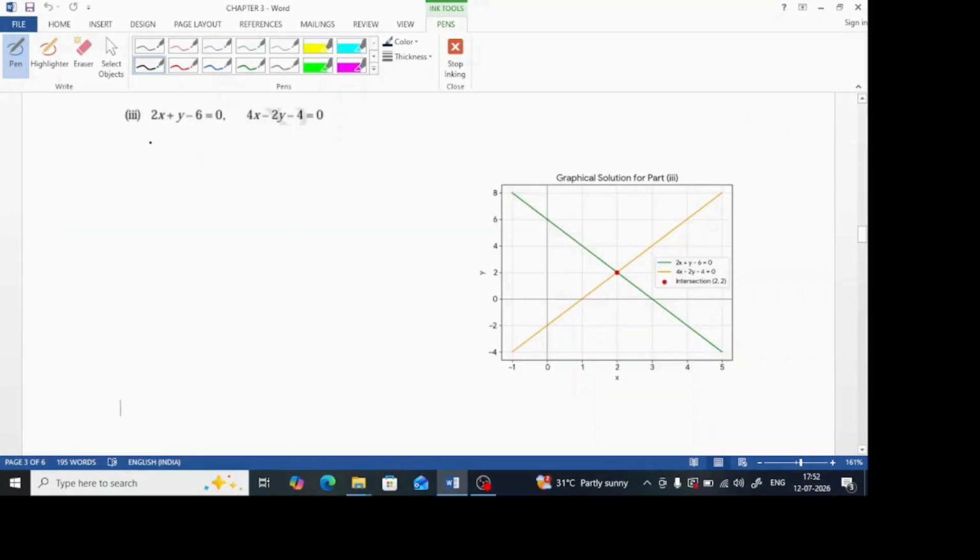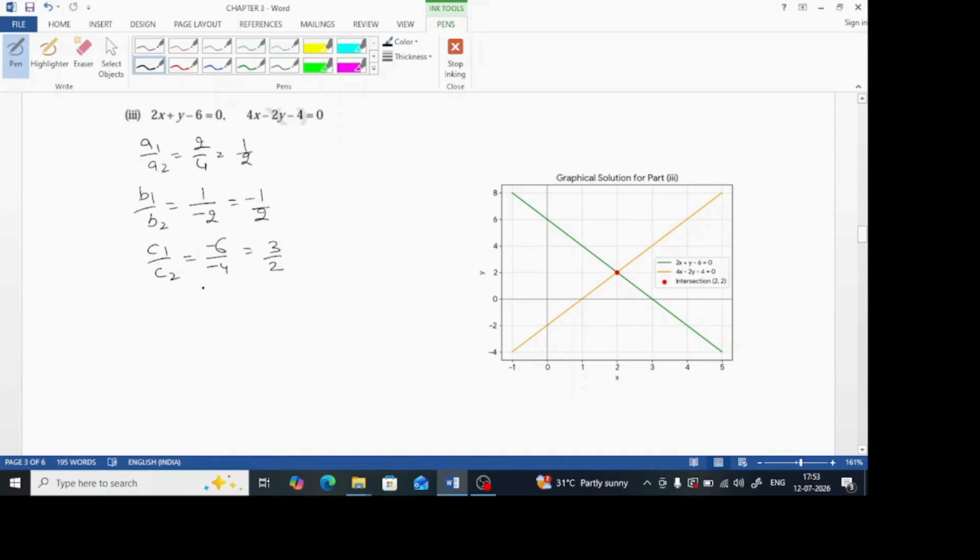Part 3, here A1 upon A2 is equal to 2 by 4, 1 by 2, B1 upon B2 is equal to 1 by minus 2, equals minus 1 by 2, C1 upon C2 is equal to minus 6 by minus 4 equals 3 by 2.